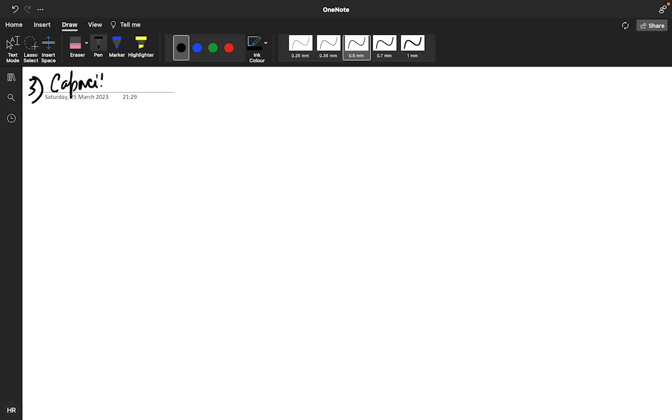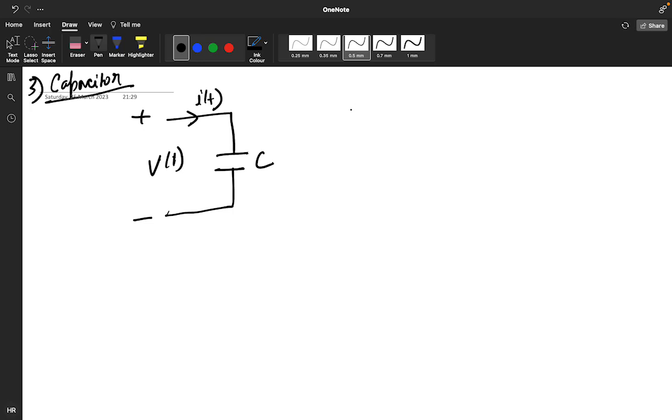Now if you have no doubt in this, we'll do the same thing for the capacitor. This particular element is your capacitor, and this is I of t. Now you tell me: what is the equation of I of t? I of t is equal to C dV by dt.